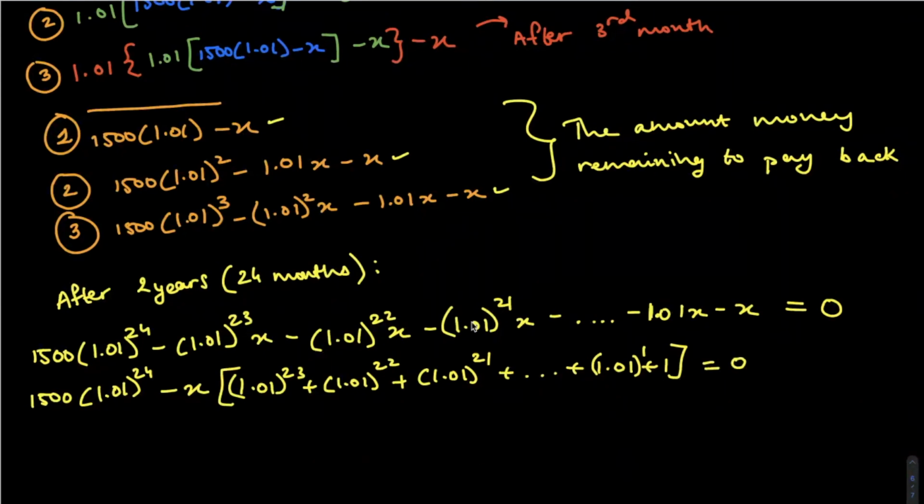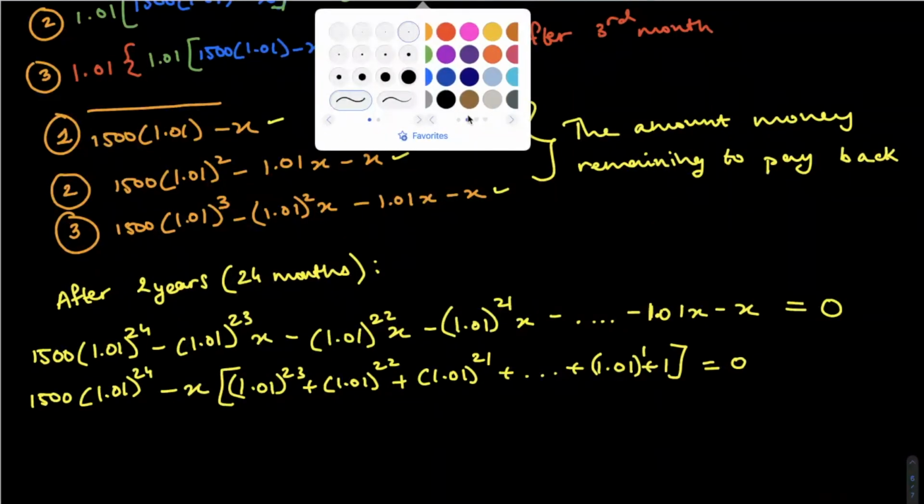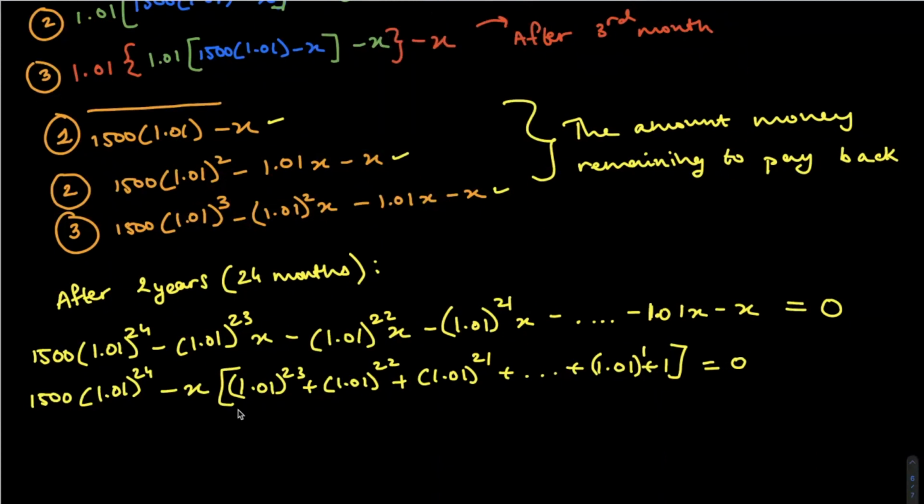Now it seems exactly like a geometric series, because the geometric sequence's terms are being added. So now all we have to do is add this up. Maybe I'll highlight this in a better color, and I'll say geometric series.